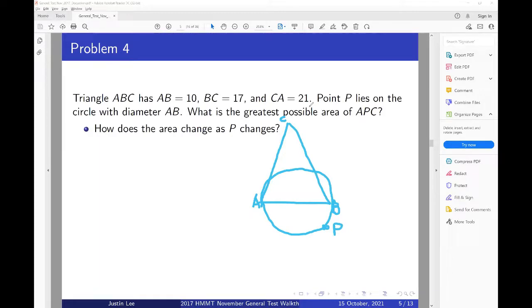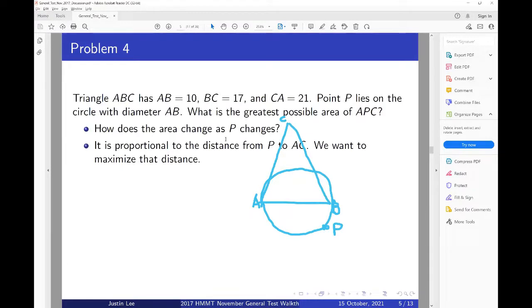Well, in this case, there's one point that moves, that's point P. How does the area of APC change as P changes? It becomes pretty clear that because A and C are fixed, the area of APC is just base times height. It's equal to the base, which is AC, times the height from P to AC, divided by 2. So if we want to maximize the area of APC, we just want to maximize the distance from P to AC.